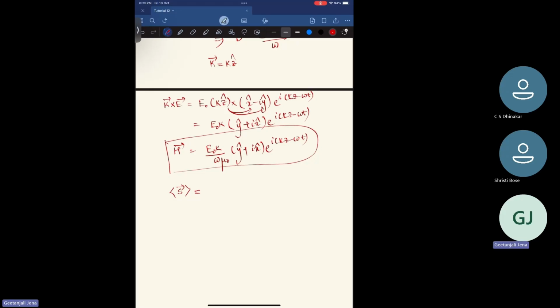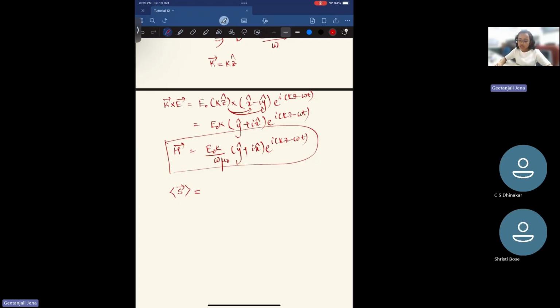But there is another expression that you can use to get the answer for this. Here there is a phase factor also. So for this, you can use the relation, the average is half the real part of E cross H star.